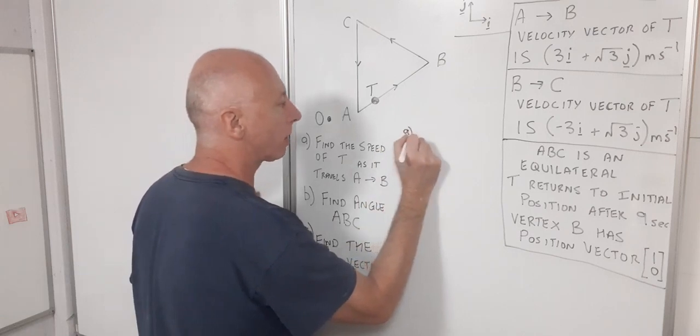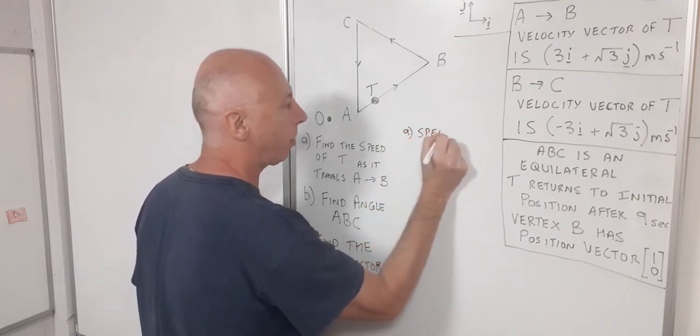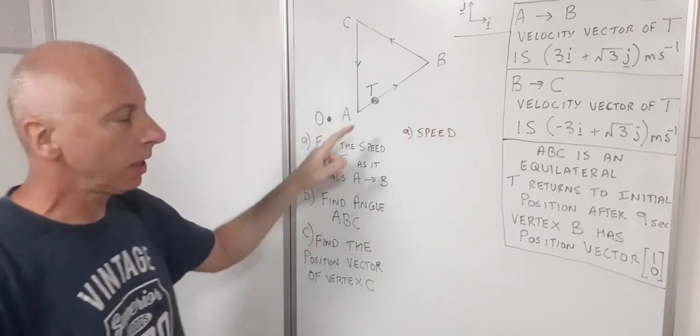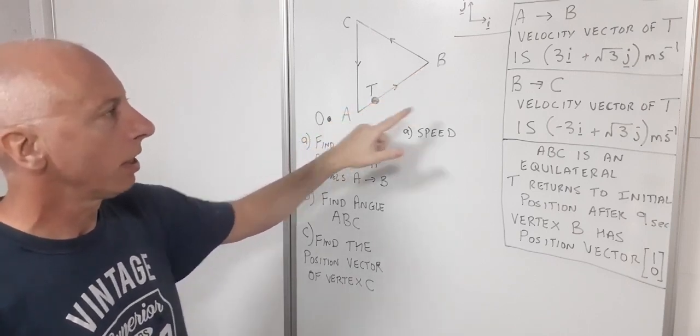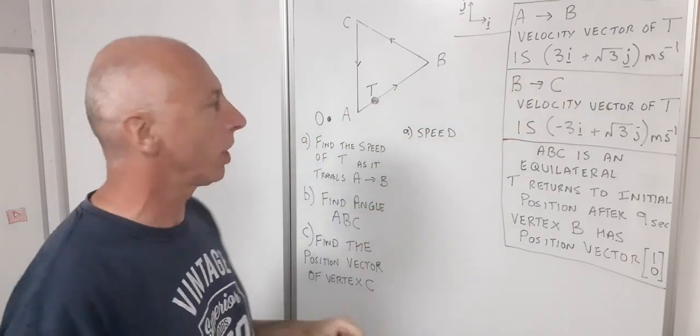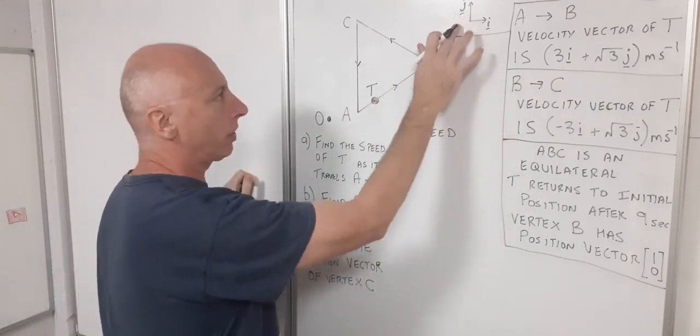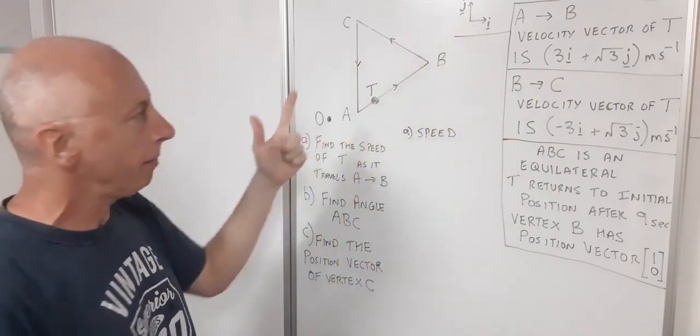So part A, speed. For that, all we need to do is find the length of this using Pythagoras. Now we're given 3i plus root 3j. So the direction of each of these vectors is according to this diagram.